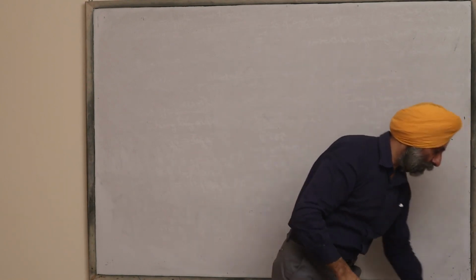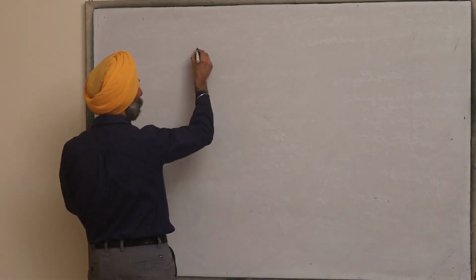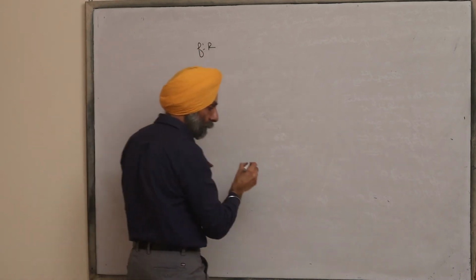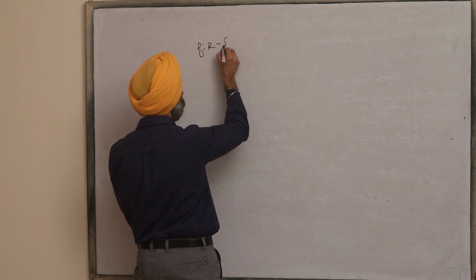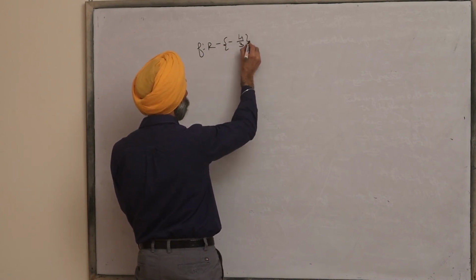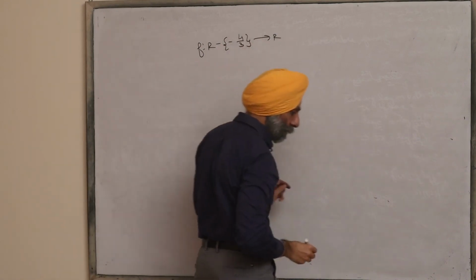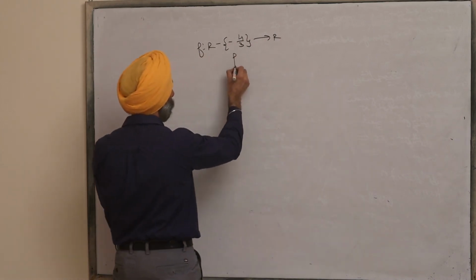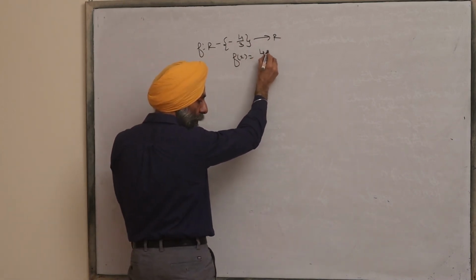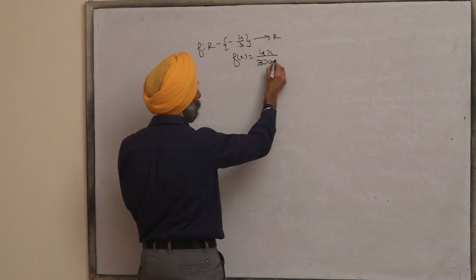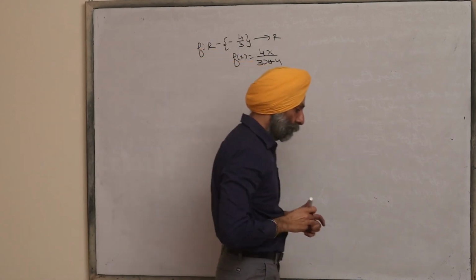Similarly, the next question is, f is a function defined from R except minus 4 over 3 to R, given by f(x) is equal to 4x upon 3x plus 4.